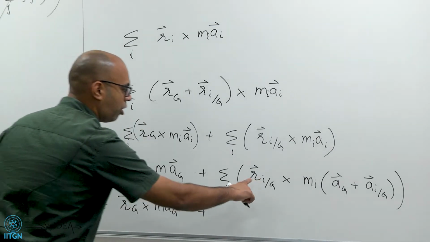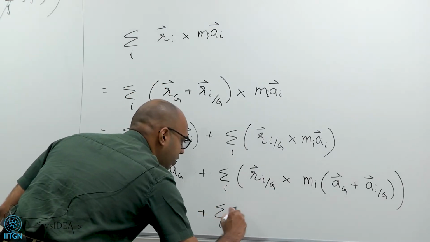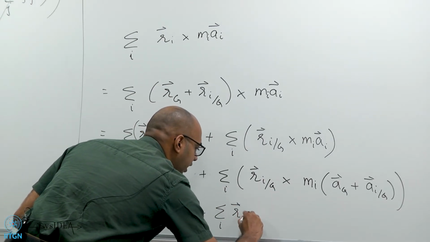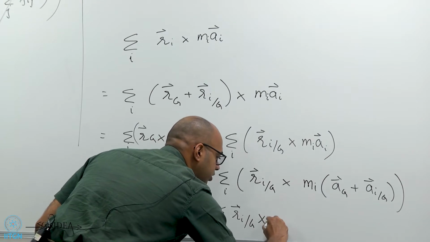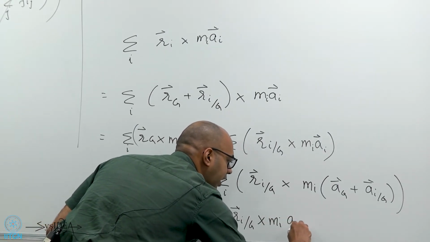The second term boils down to just sum over i Ri with respect to G cross with MiAi with respect to G.